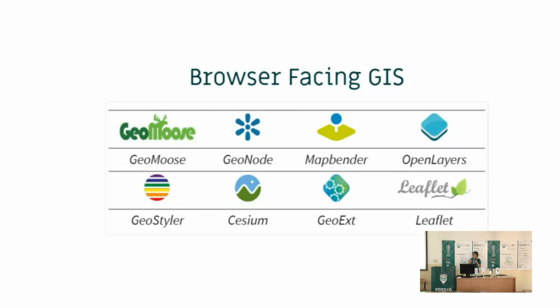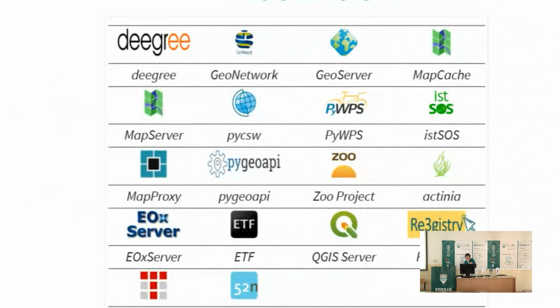So these are applications in the browser. They might use OGC services and give back a nice map. And you see we have several different projects added, but you always have to know that this is not all that is around, just a subset and just the projects that approached OSGeoLive to get added.